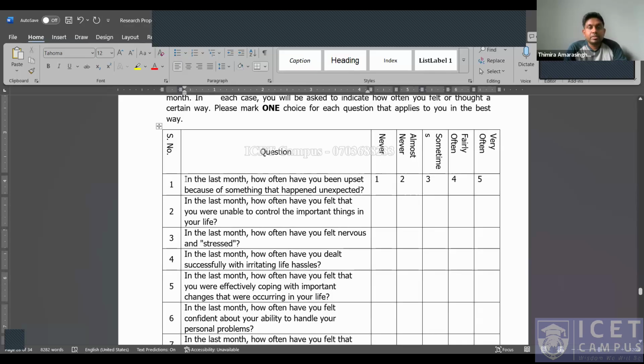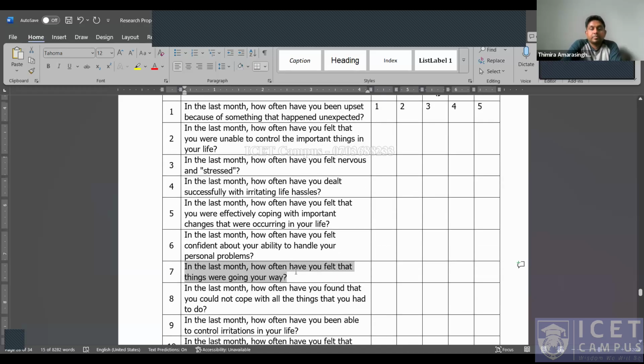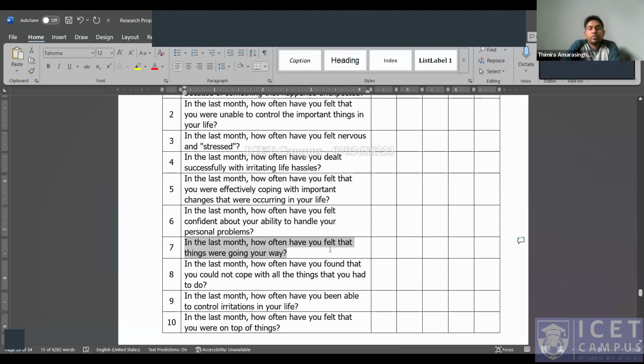So these questions: how often you have been upset because of something that unexpectedly happened; in the last month, how often have you dealt successfully with irritating life hassles? Now, some of these statements can come in a negative form. For an example, let's think about this. It is said, in the last month, how often you felt that things are going your way.